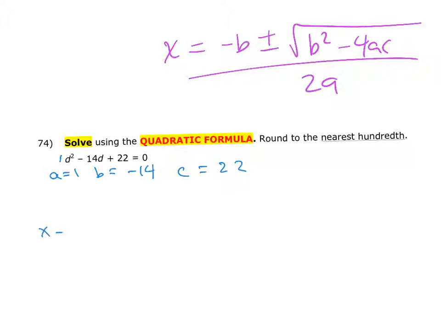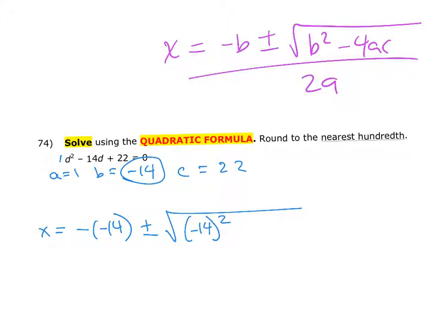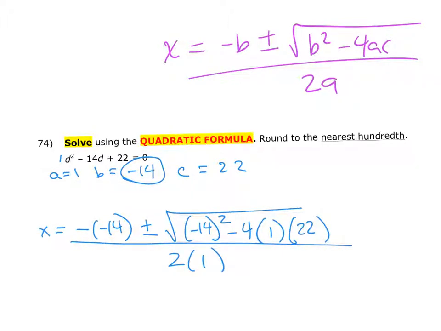So x is going to equal the opposite of negative 14 plus or minus the square root of b, which is negative 14 squared, minus 4 times a, which is 1, and c, which is 22, all divided by 2 times 1.